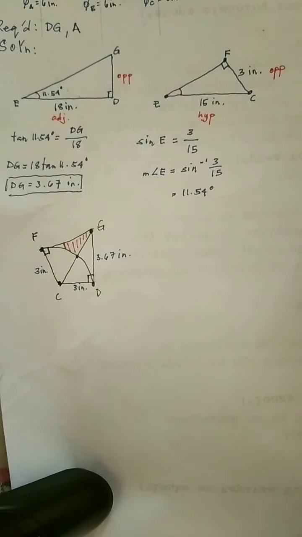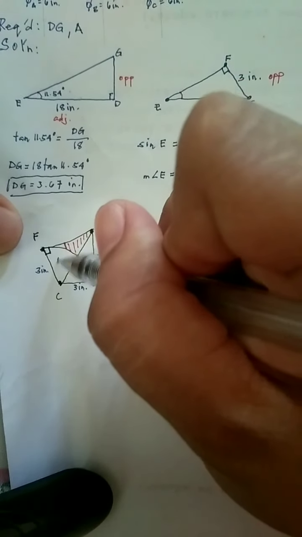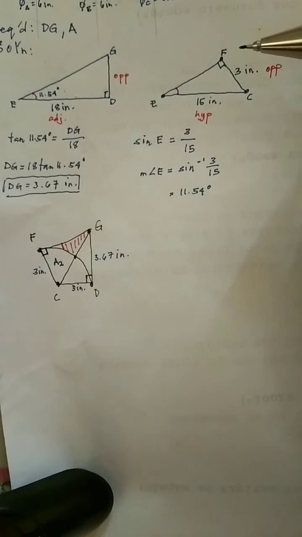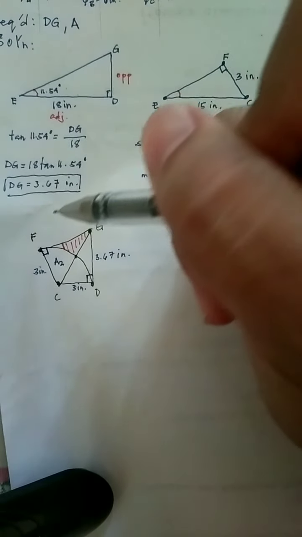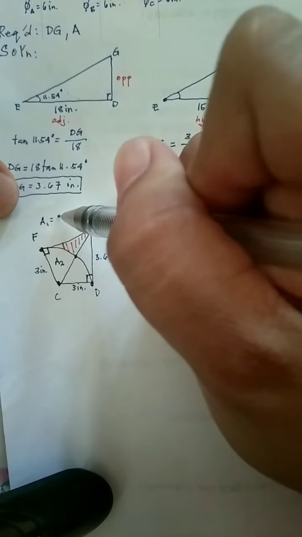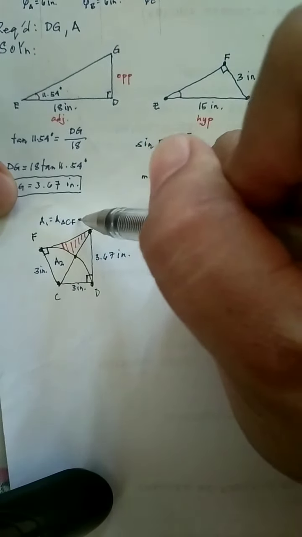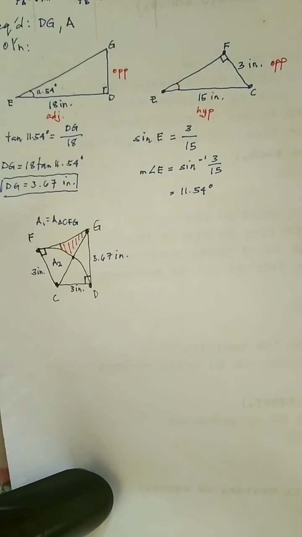So this one is area 2, let's label that one as area 2, and the area of triangle CFG is area 1. So let's label area 1 equals area of triangle CFG.